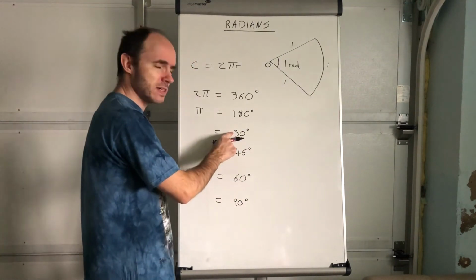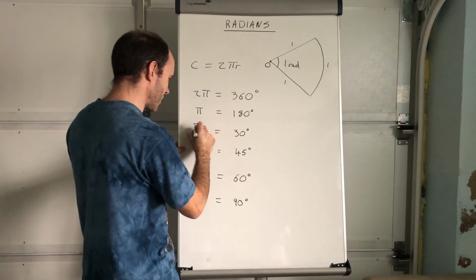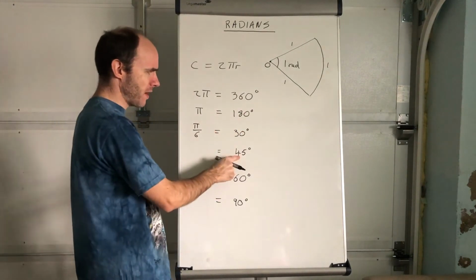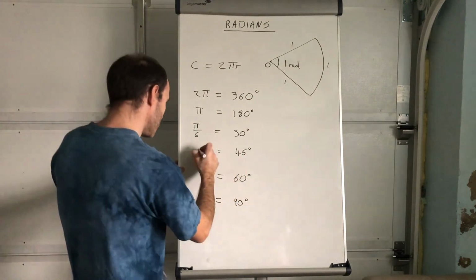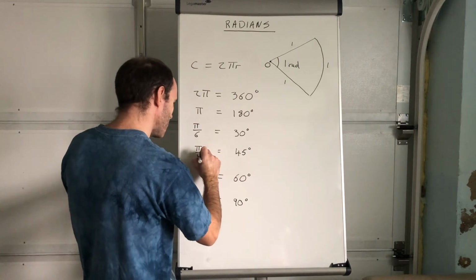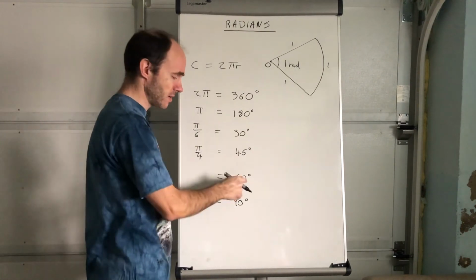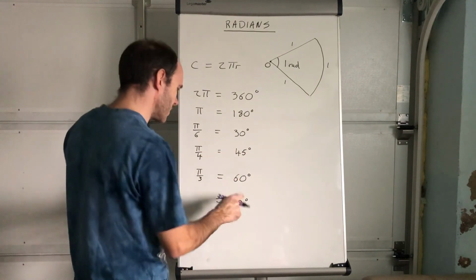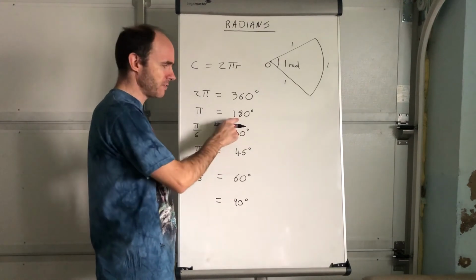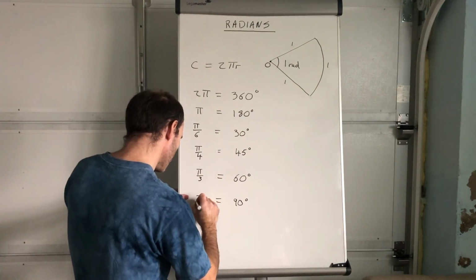So 30 degrees, that's 1/6 of 180, hence it's 1/6 pi, pi over 6. 45 degrees, that's 1/4 of 180 degrees, so pi over 4, a quarter pi. 60 degrees, that's 1/3 of 180 degrees, so a third pi or pi over 3. And 90 degrees, of course, is 1/2 of 180 degrees, so half of pi or pi over 2.